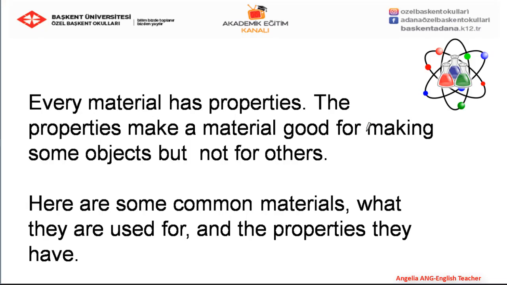Every material has properties. The properties make a material good for making some objects, but not for others. Here are some common materials, what they are used for, and the properties they have.